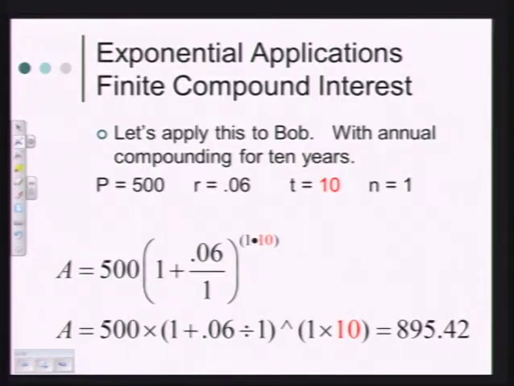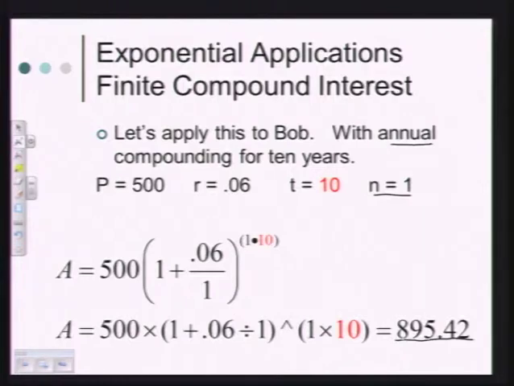Well, if he's compounded annually, which again means N is 1, he will take 500 times 1 plus 0.06 over 1 to the 1 times 10. And when you put that in your calculator, you get $895.42.